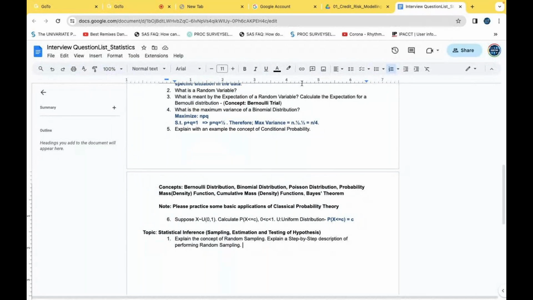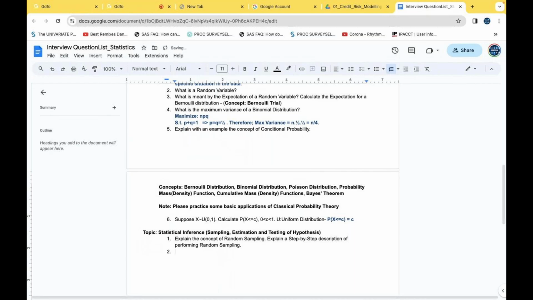When you are choosing the data points randomly, there are two ways we generally use. One is, especially in SAS, we have the proc surveyselect function, which helps us do the simple random sampling with replacement. The second one is we use the uniform distribution to generate random numbers and then split the data into development and validation, right?